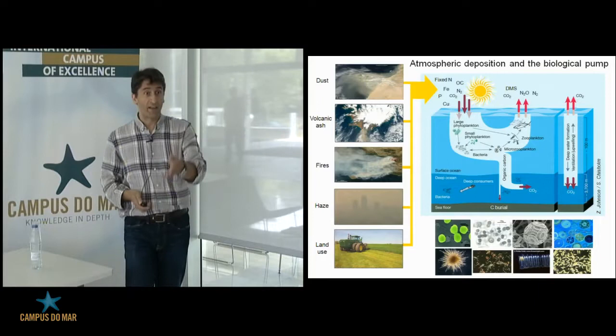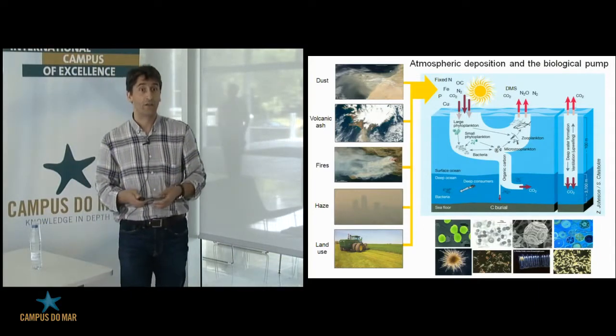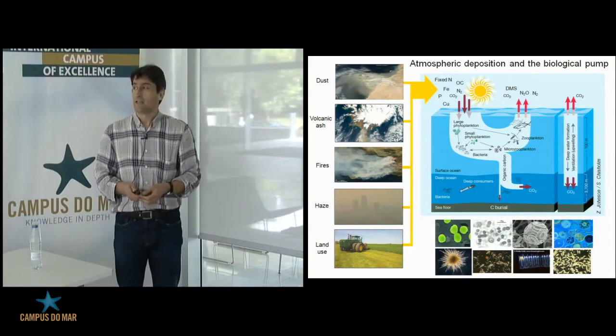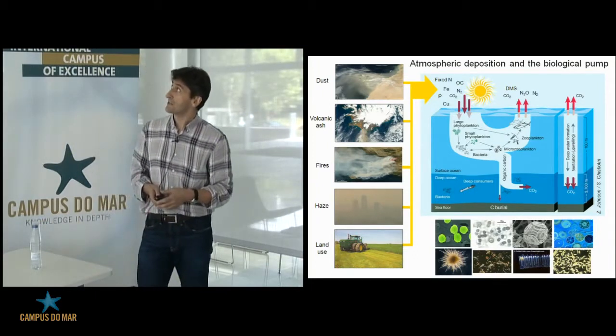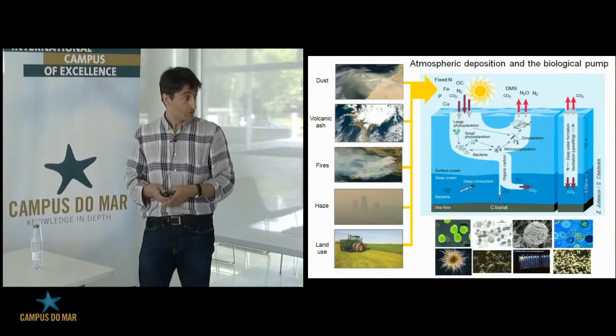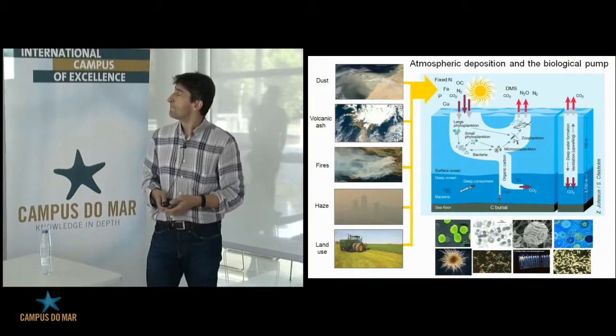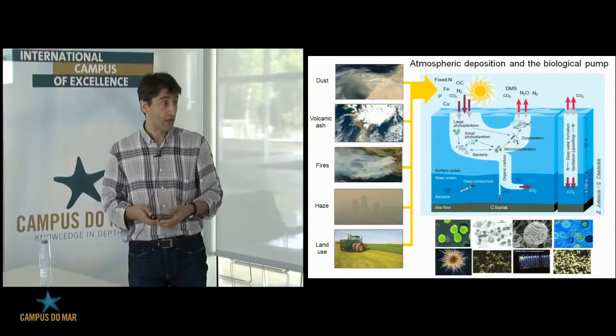As you already explained, the reason we are interested in these events of nutrient deposition is basically because the biological pump, the group of organisms in the plankton that contribute to the export of carbon towards the interior of the ocean, can be affected by different inputs of materials coming from the atmosphere.